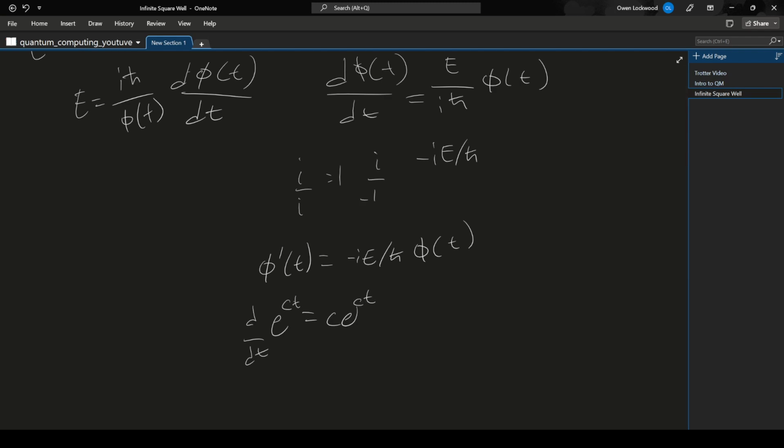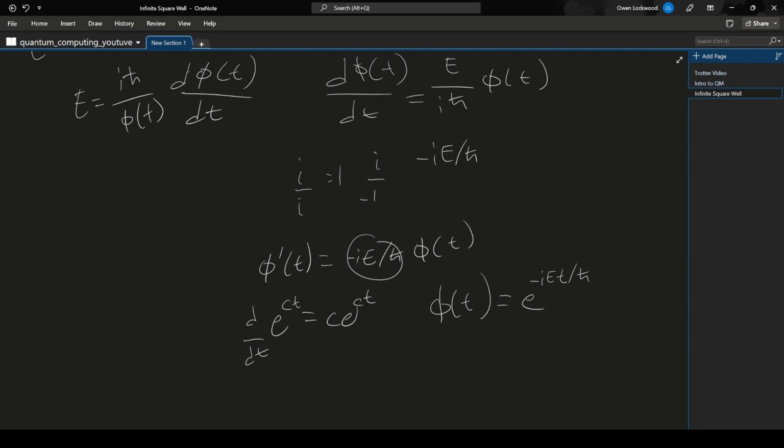That's just the rule for exponential functions, basic calculus. So we can see right away that our time function is e to this times t: e to the negative i E t over h bar. And that, right away, is our solution.